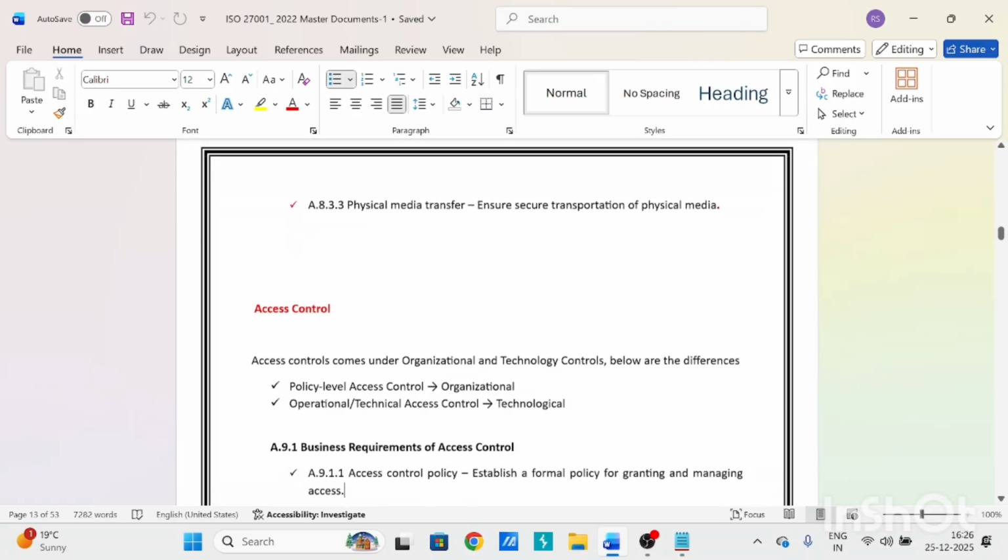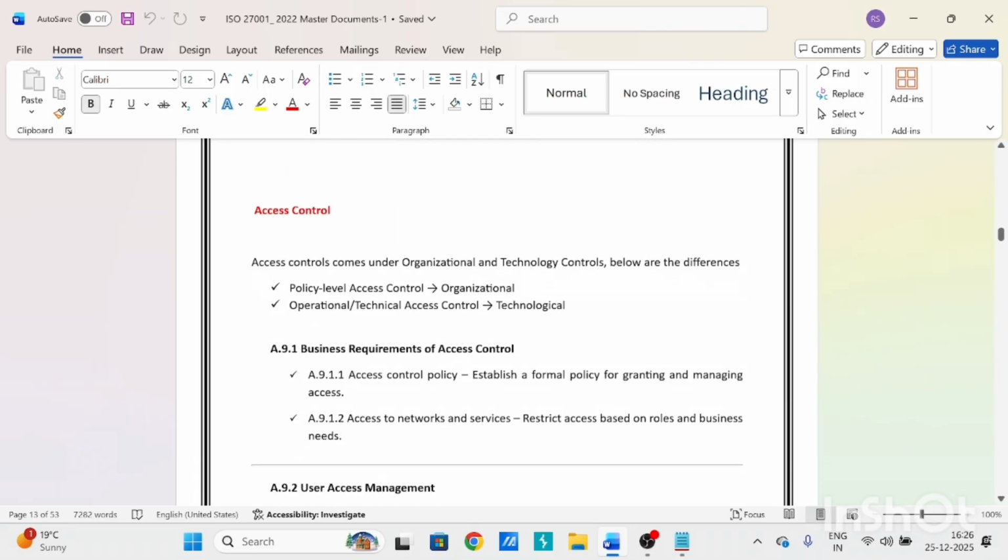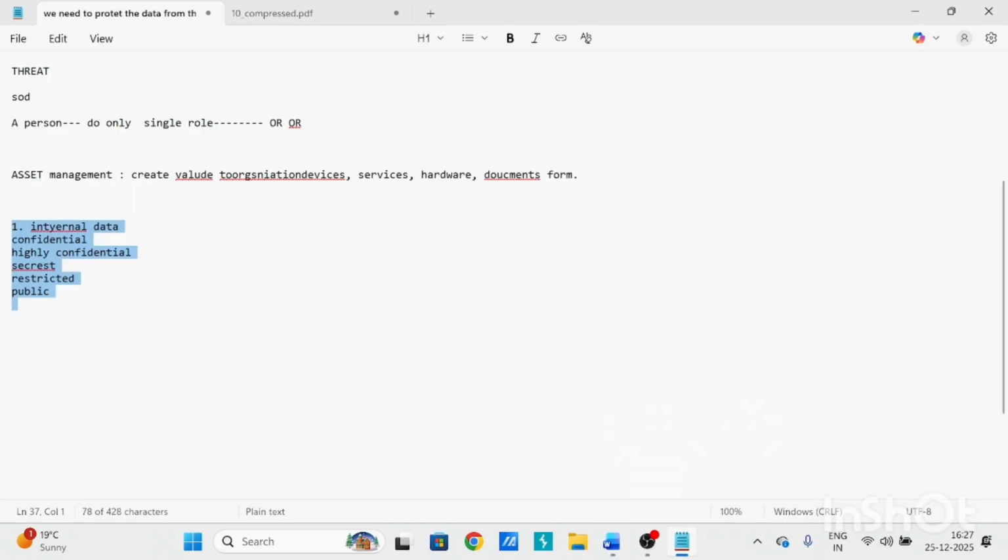Access control is the backbone of the ISMS because access deals with the authorization and authentication of users with respect to the organization. Let me open a notepad for the detailed version.